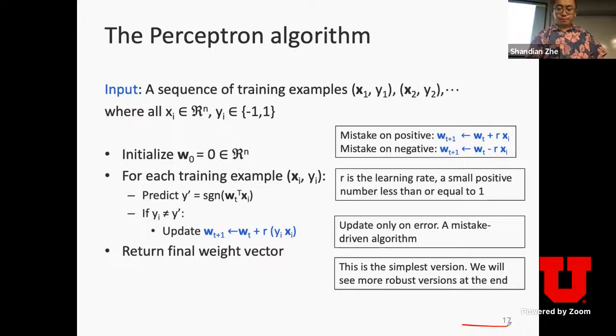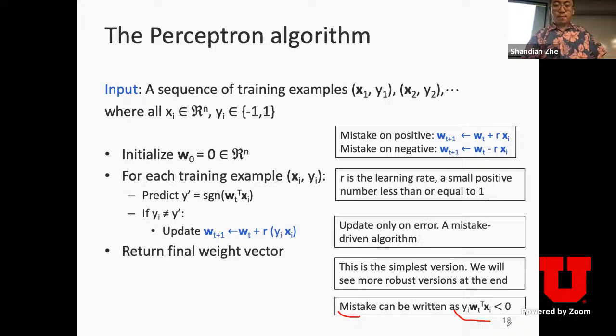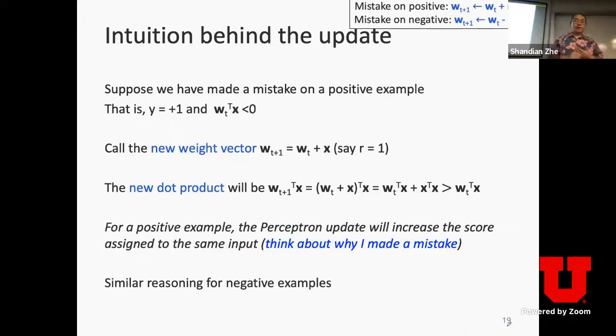Okay. So here is the intuition behind our updating rule. Let us start with positive examples. Suppose you have a positive example, that is y is 1, but you make a mistake, that means your prediction score, W transpose X, is less than 0.